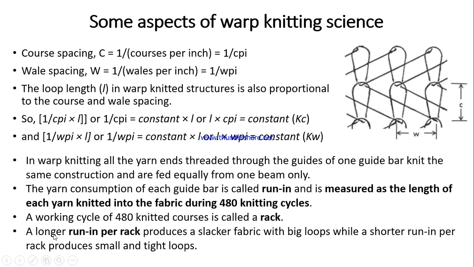You can imagine that when there is a longer run-in per rack, a longer length of yarn is required for knitting 480 courses of a knitted structure, so all the loops will be longer. If a shorter length of yarn is consumed for the 480 courses, then all the loops will be shorter. So longer run-in per rack produces slacker fabric with bigger loops, while shorter run-in per rack produces small and tight loops.